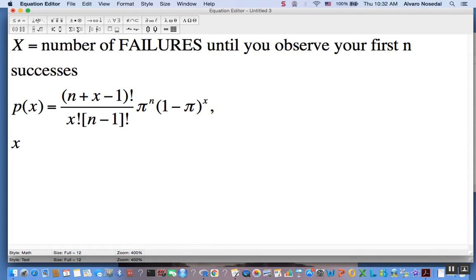And the support of that probability mass function is 0, 1, 2, 3 up to infinity. Okay, so that's the probability mass function for a negative binomial.